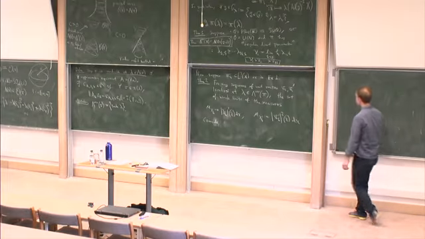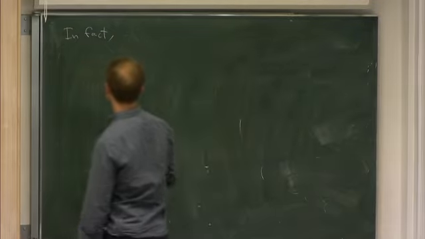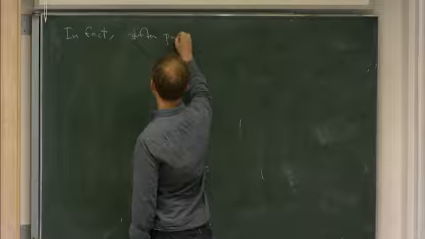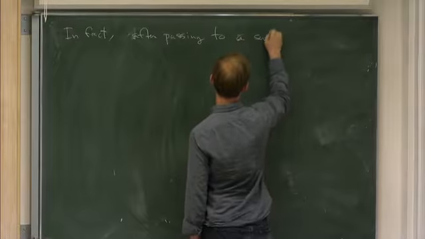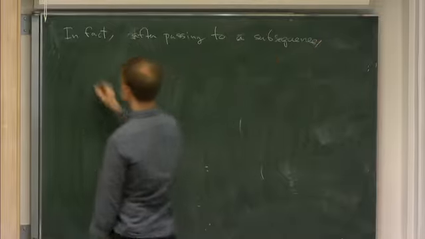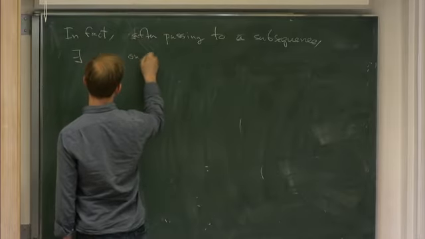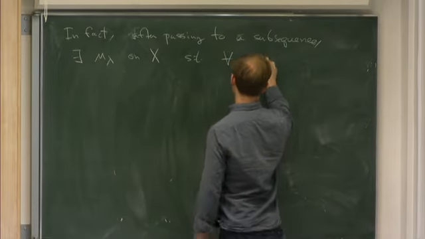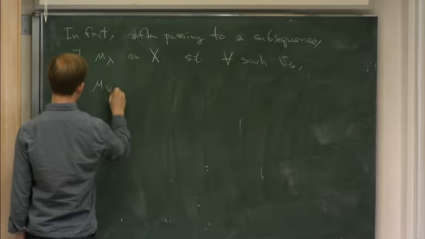And in fact, they coincide in a fairly strong sense. So they coincide along any subsequence. So we can say that after passing to a subsequence of h, there exists some measure, let's call it mu lambda on X, such that for all v h, as in the last theorem, we have a convergence here.